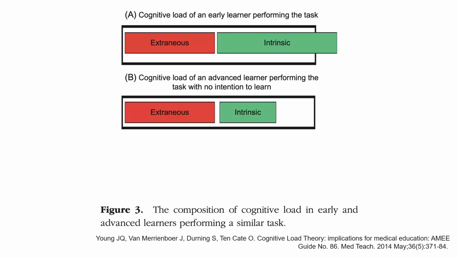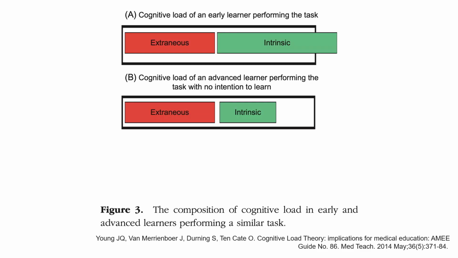We can compare that with the cognitive load of an advanced learner who's performing the task with no intention to learn. This learner has done the task before, and so the intrinsic load is a lot smaller. We'll note that the working memory remains fixed, as does the extraneous load. Neither of those have been reduced.